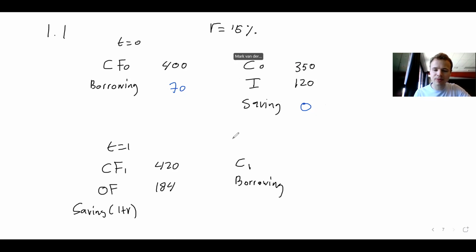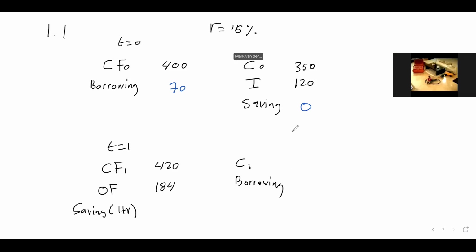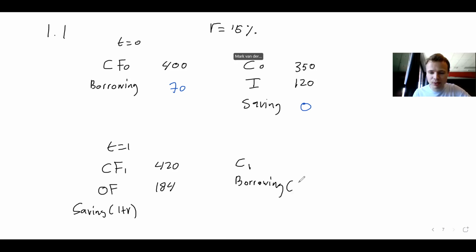Now I want to calculate how much I have to pay back. So I borrowed 70 and the interest rate is 15%. How much should I pay back? It's 80. Oh, and by the way, sorry, here should be a 1 plus R added.